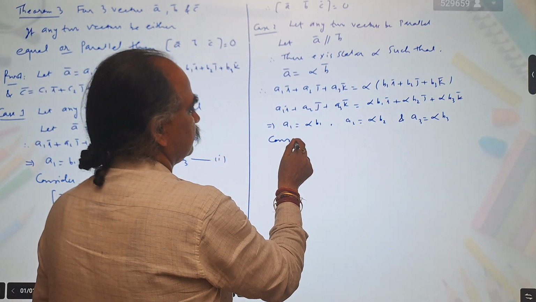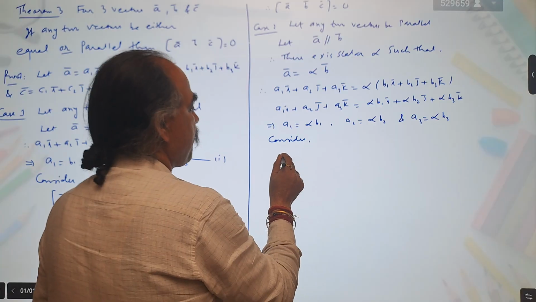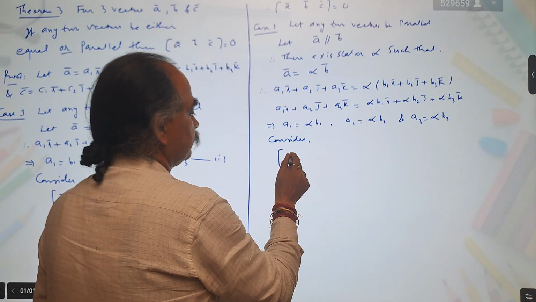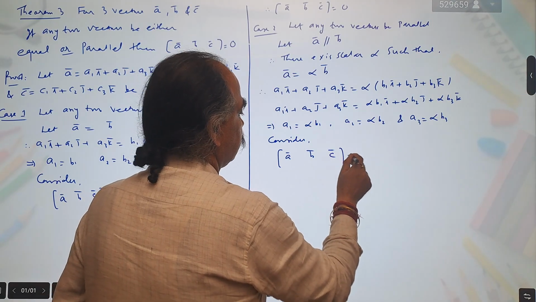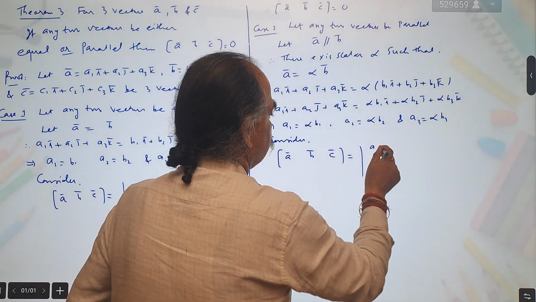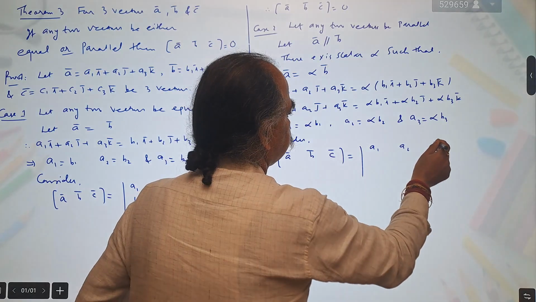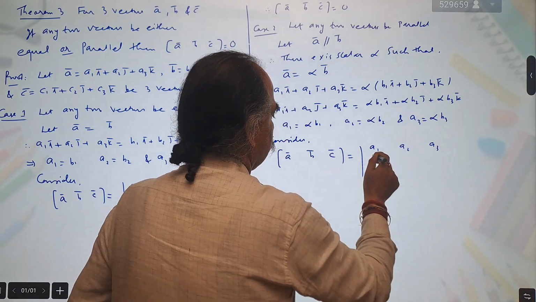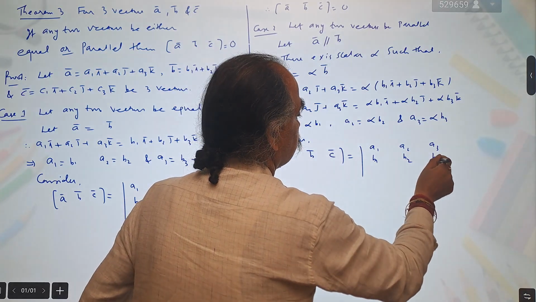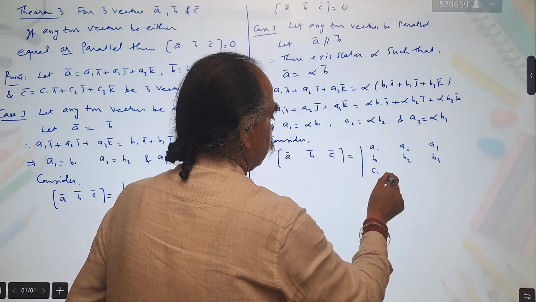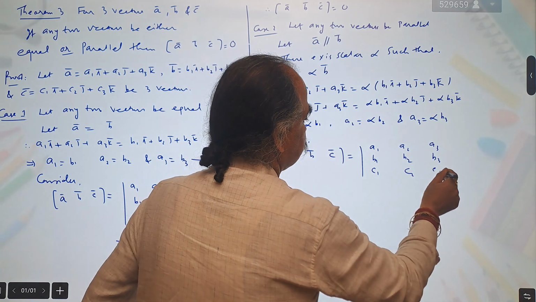Consider box A bar, B bar, C bar. A1, A2, A3, B1, B2, B3, C1, C2, C3.